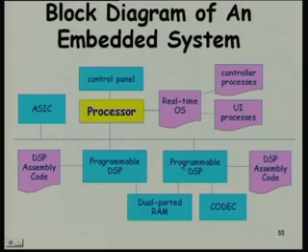So, this is the kind of block diagram we will keep in mind, that there is a processor and the operating system is running on this, and the user interface processes and the controller processes, these are applications running on the real time operating system.